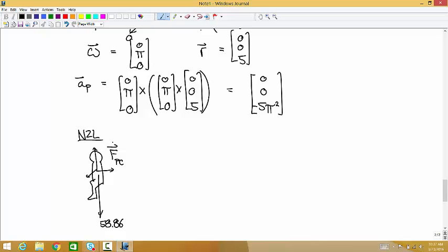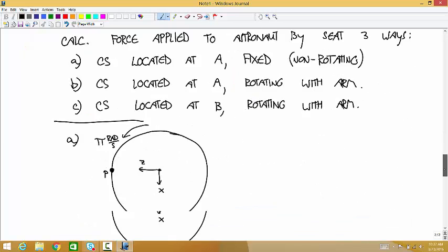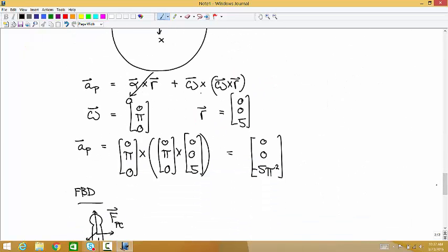And those are the only forces. That's not Newton's second law, that's a free body diagram. I hope I said 60. I might have said 6, but I wrote 60. It's 588. Oh, yeah. Yes, thank you.